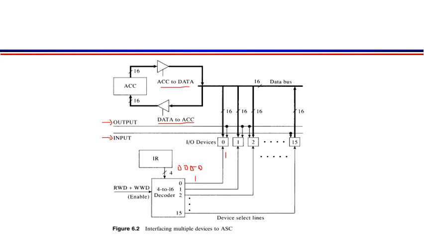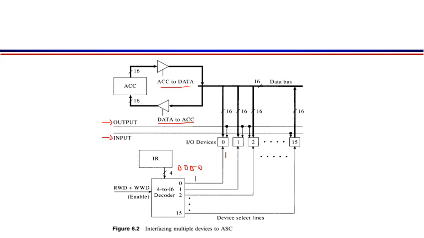Whenever the accumulator to data control signal is active or high, data from accumulator will be shifted to the data bus, or data from the accumulator will be given to the devices which will be used as output.